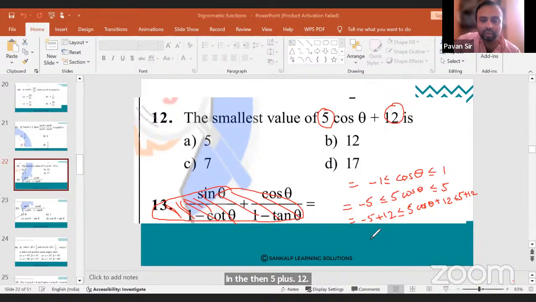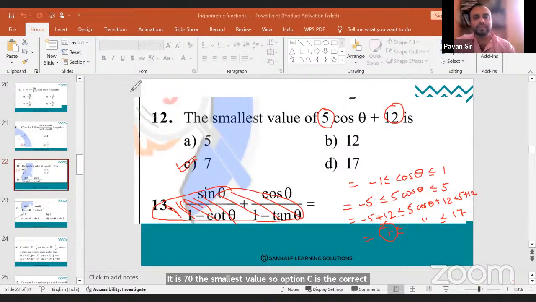Correct? So now 12 minus 5 is 7, and 5 cos theta plus 12 is at most 17. Out of 7 and 17, which is the smallest value? It is 7. So option C is the correct answer.